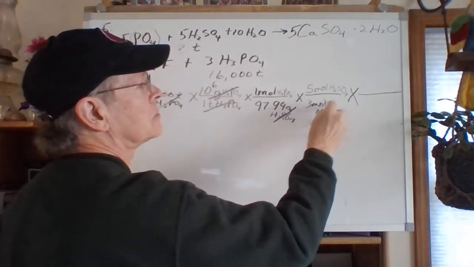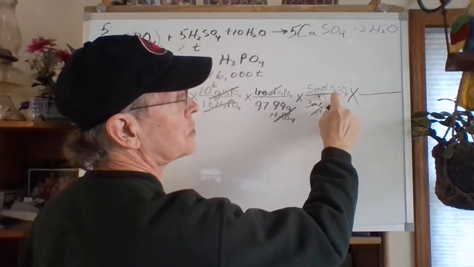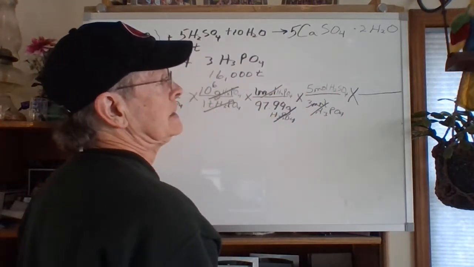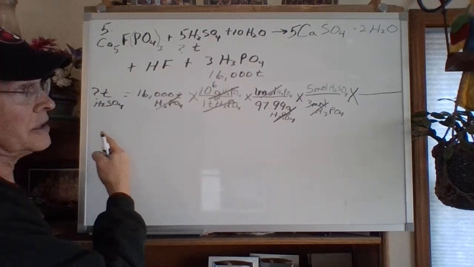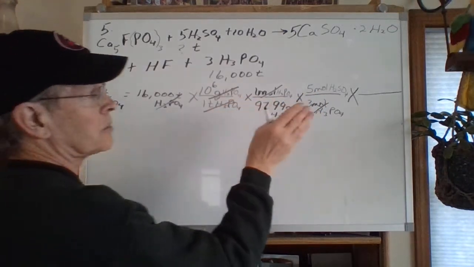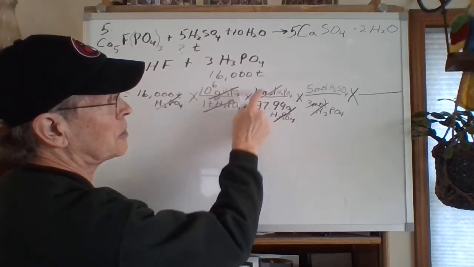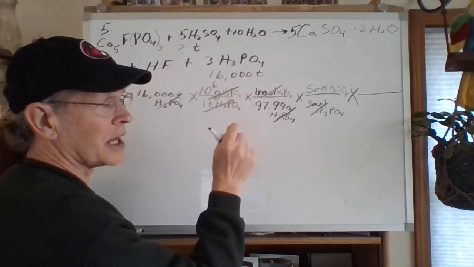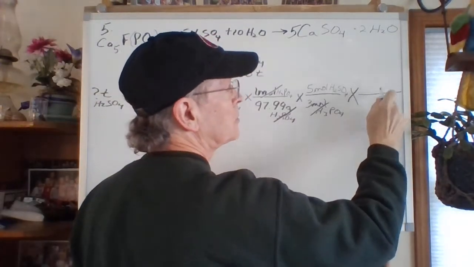There, at that point, moles of phosphoric acid cancels and I'm left with moles of sulfuric acid. But I want grams of sulfuric acid. Actually, I want tons of sulfuric acid. So I need to change moles of sulfuric acid to grams, which is kind of just the opposite of what we did here. We changed grams to moles by putting moles on top, grams on the bottom. But now we're going to put the grams on top and the moles on the bottom.